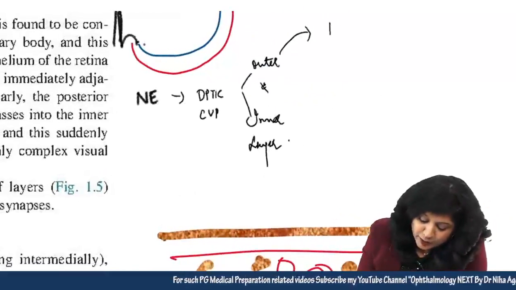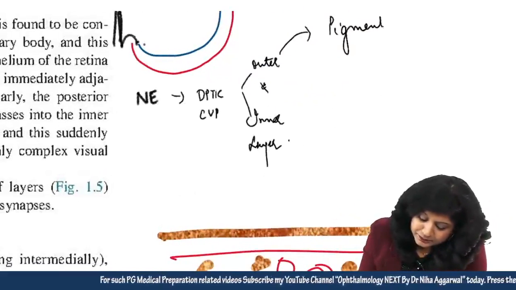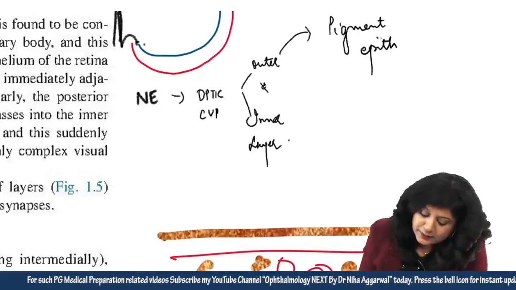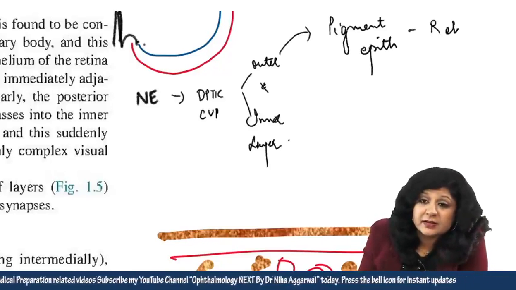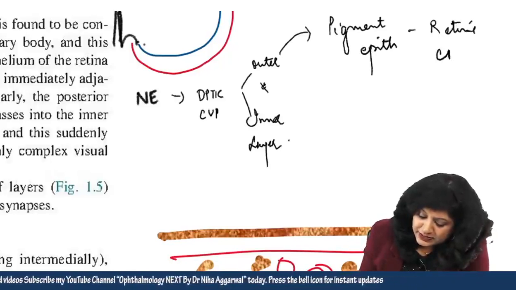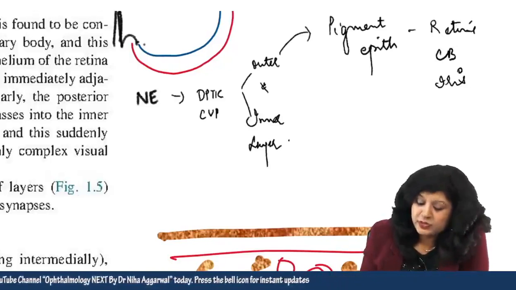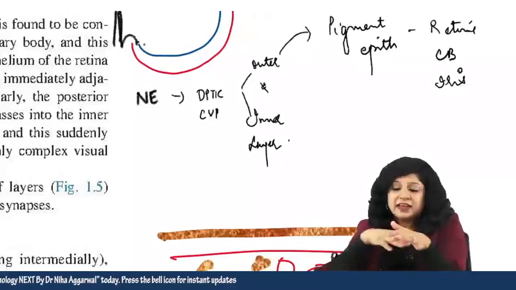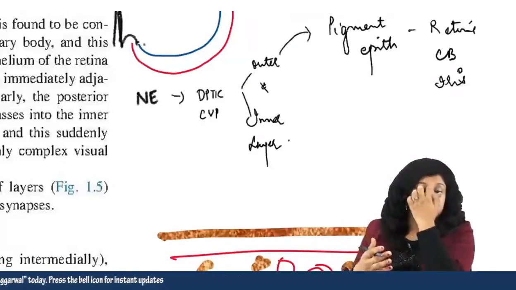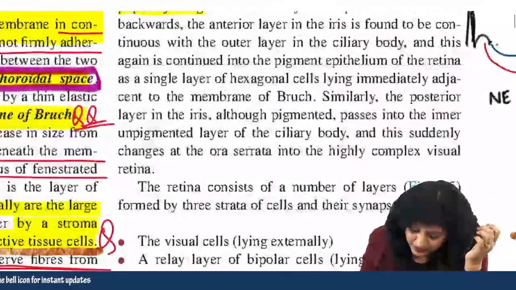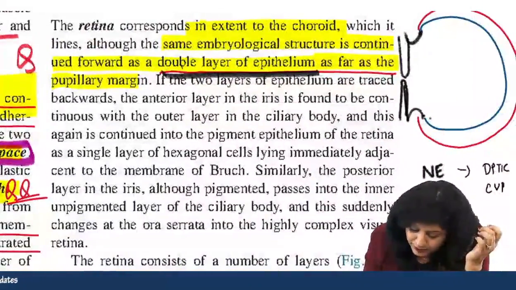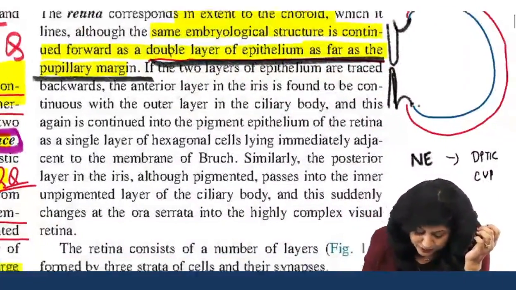The outer layer was forming the pigment epithelium of the retina, then of the ciliary body as well as the iris. And the inner one was forming the neurosensory retina. That is what they are trying to say, that we have a double layer of epithelium as far as the pupillary margin.